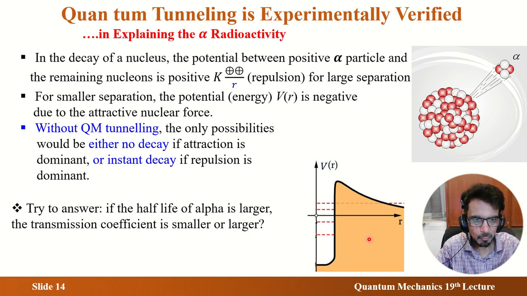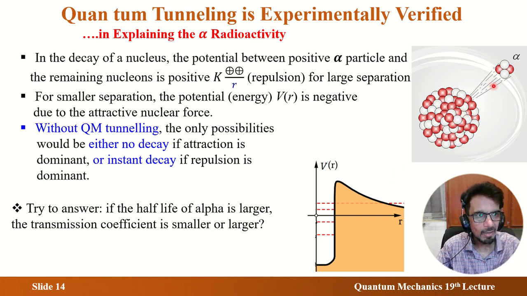Now to check your understanding: if your half-life is larger, you know, alpha radioactivity has a half-life, which means on average the time period after which one alpha particle is emitted.